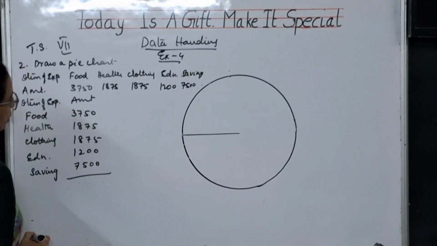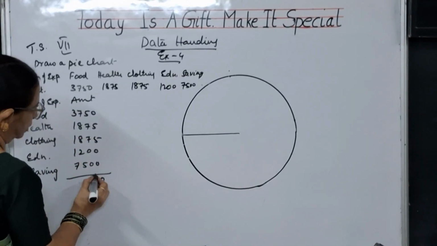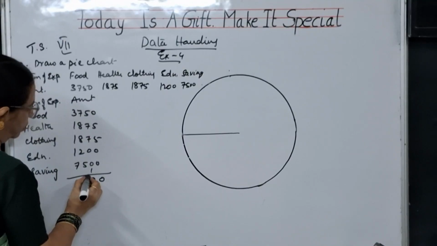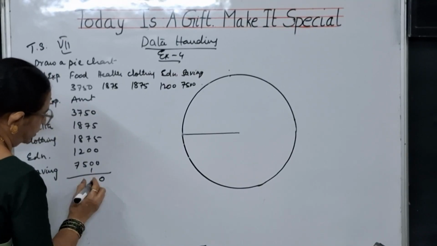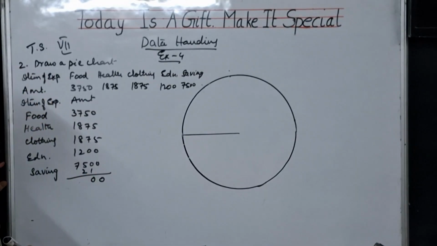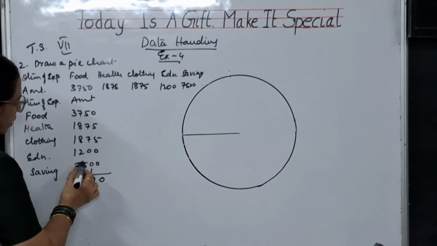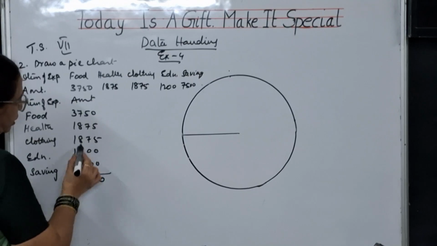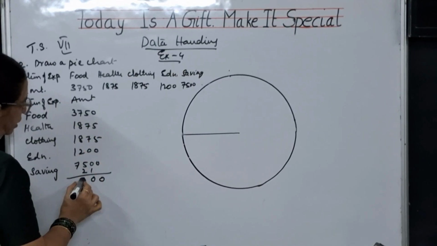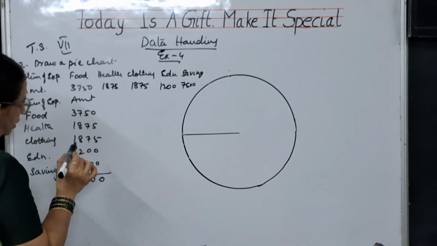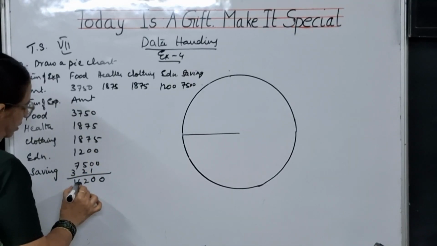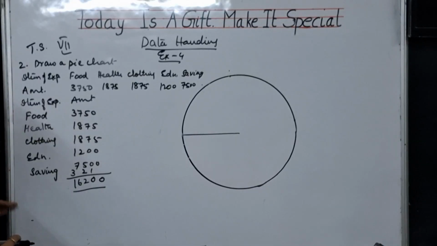So let us find the total. This is 10, 14, 15, 15, 5, 20. 0 here, 2 here, then 7. 8 plus 2 is 10, 10, 10, 20, 20 plus 10 is 30, 32. 2 here, 3, 10, 11, 12, 13, 16. 16,200 is the total we have got.